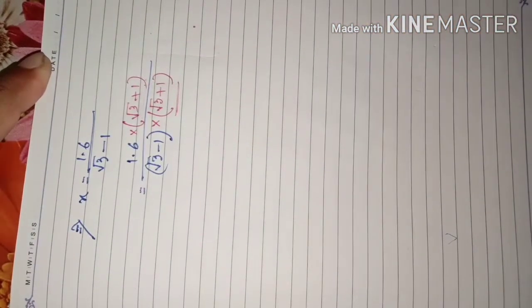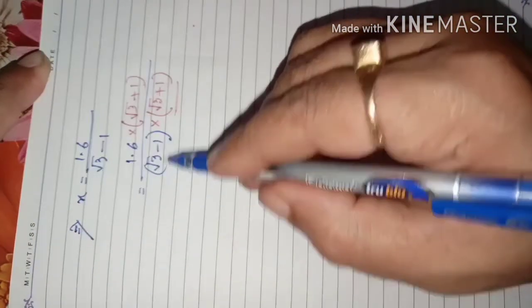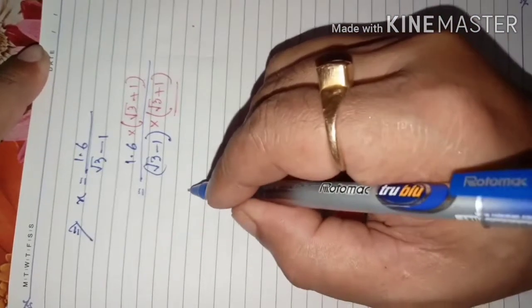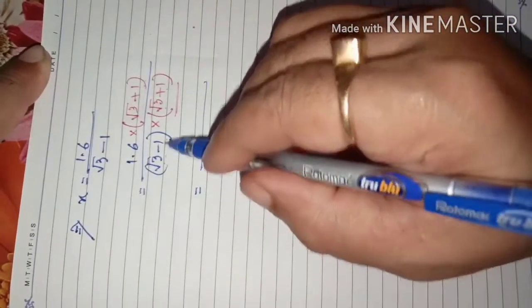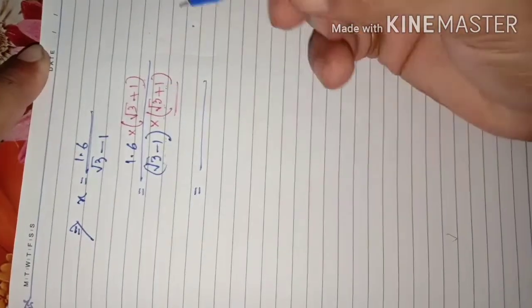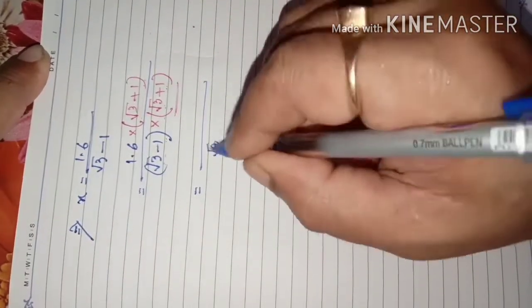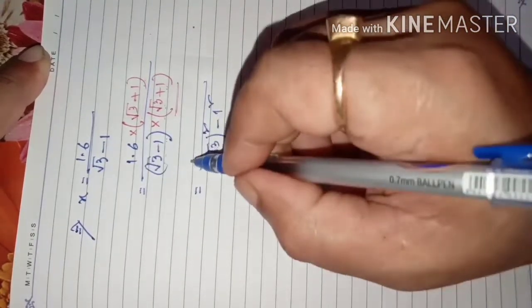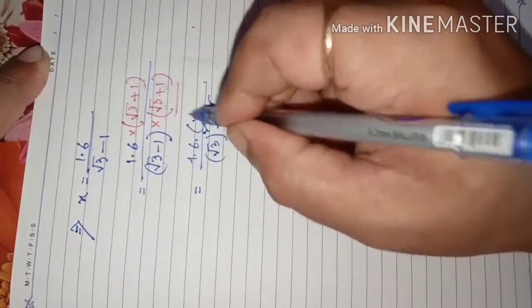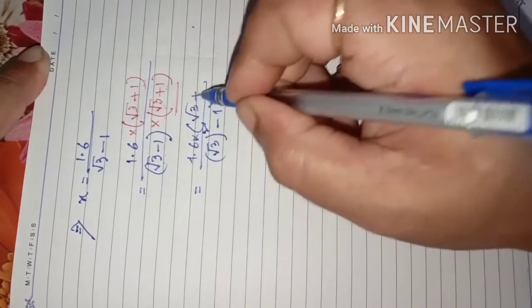Now root 3 minus 1 into root 3 plus 1 is like a minus b into a plus b, a square minus b square. So root 3 square minus 1 square, and in the numerator 1.6 into root 3 plus 1, leave it as it is.